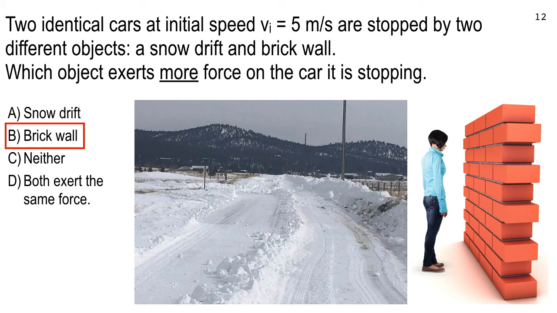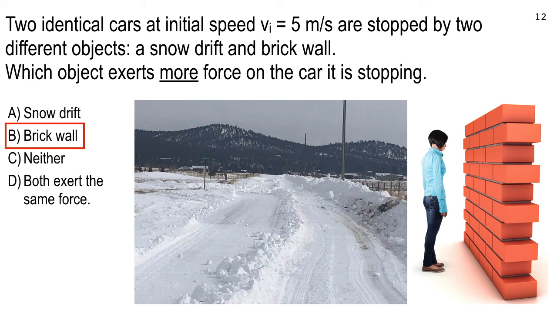It has to exert some force on your car in the opposite direction that you're going. So it has to exert some force to stop you on the front end of your vehicle. Now, a snowdrift is not going to bash in. It's going to exert some force, but not enough to bash in the front end of your rig most of the time. But a brick wall, definitely.